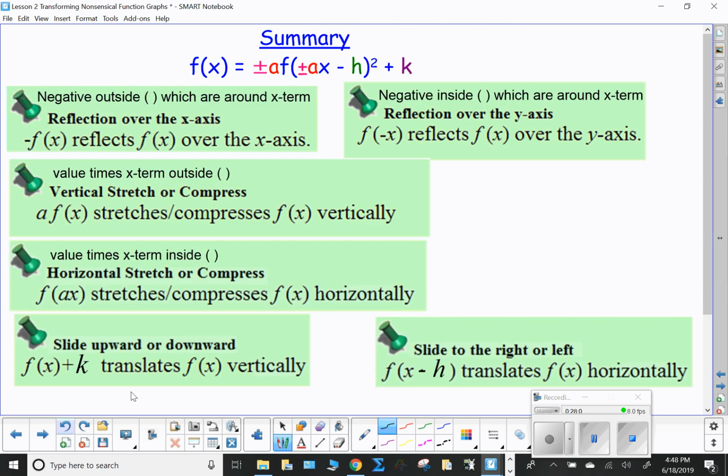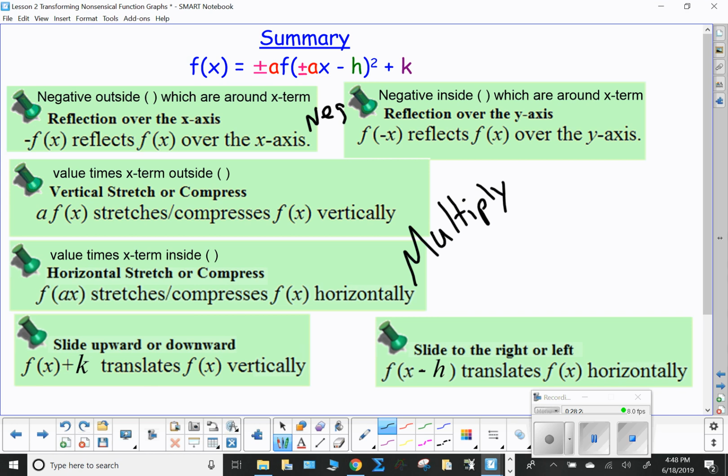Great job. Here's the summary. You have the summary at the bottom of your notes. Negatives are reflections. Stretches and compresses, this is when we multiply. Inside, horizontal, outside, vertical.